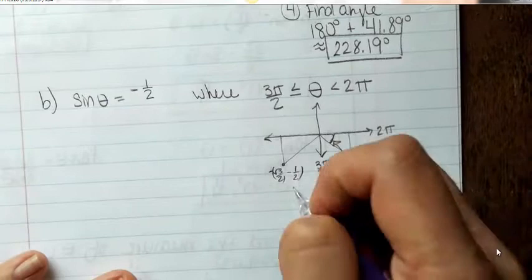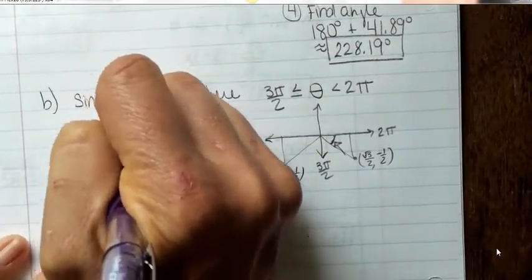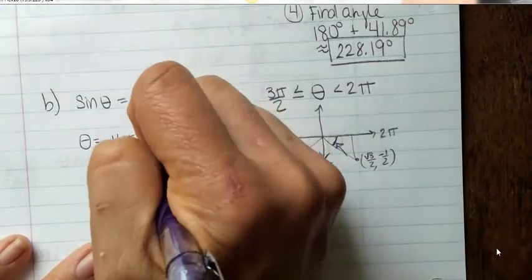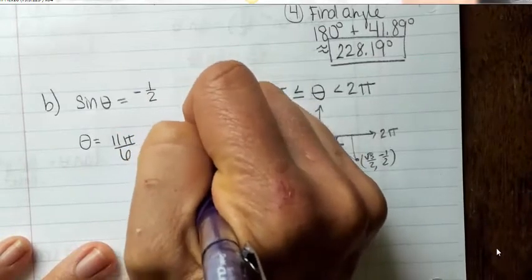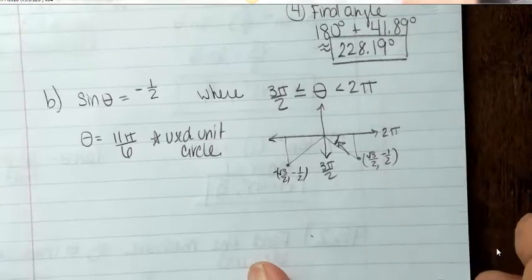And that angle happened to be 11 pi over 6. And I'll just say right here that I used my unit circle. So that's another way that you could have gone.